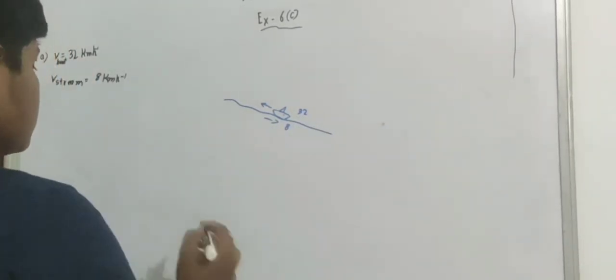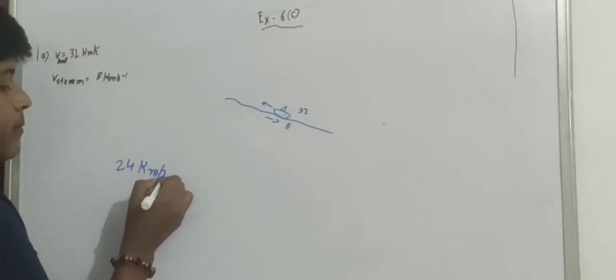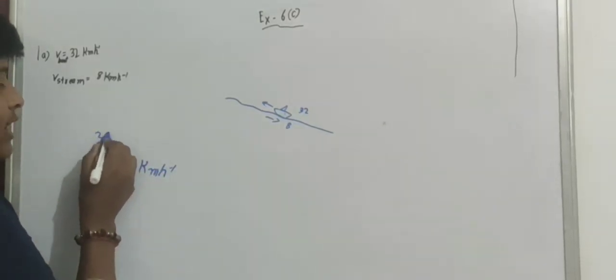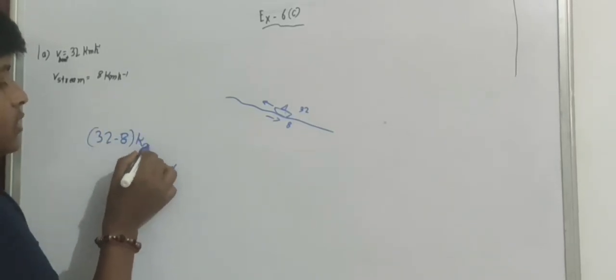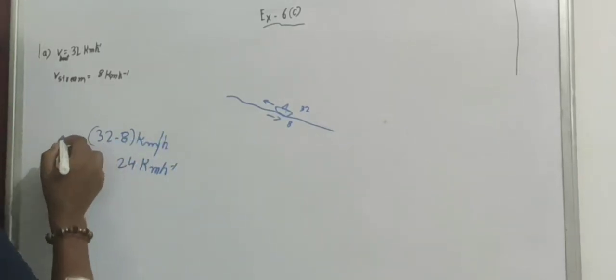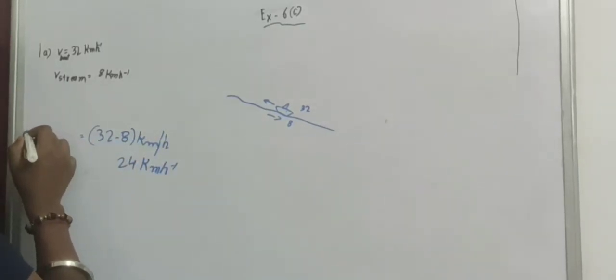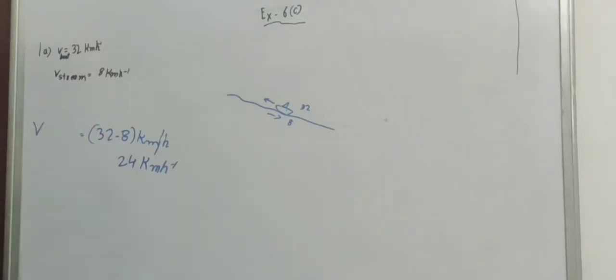It's a common thing. So the answer will be 24 kilometer per hour. You can write it like 32 minus 8 kilometer per hour, velocity or speed.